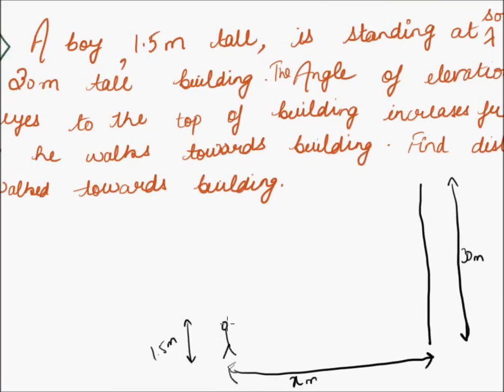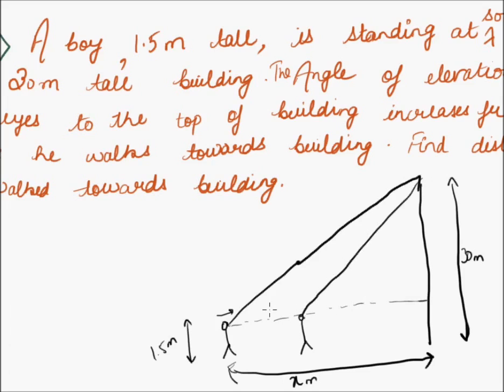Now these are the eyes of this observer, this boy, and he's walking towards the building. Say these are two instances of his walking. The angle of elevation from his eyes to the top of this building increases from 30 degree to 60 degree. So at two instances the angle is 30 degree and 60 degree over here.